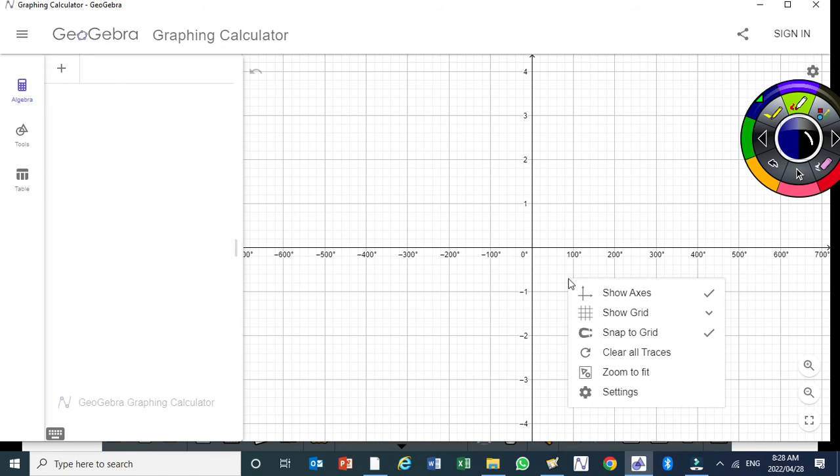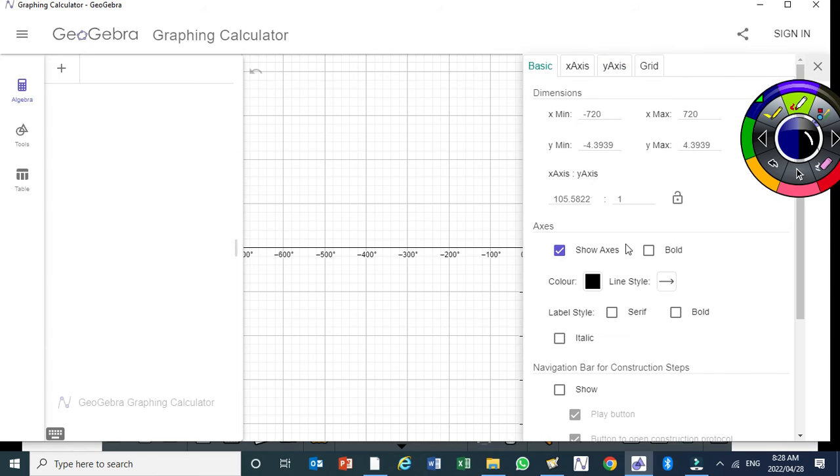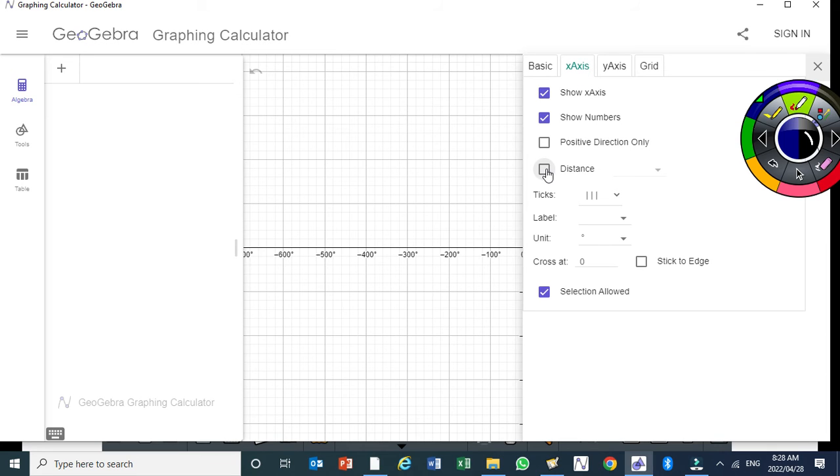Graphs. Okay, let's have a distance of say 45 degrees.